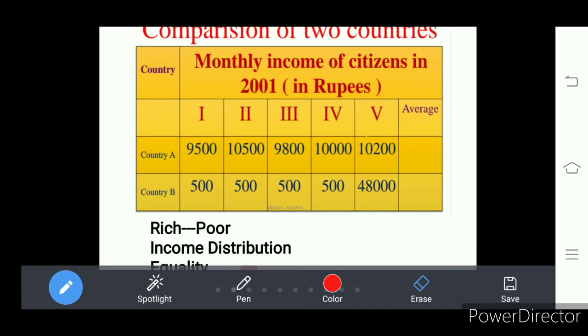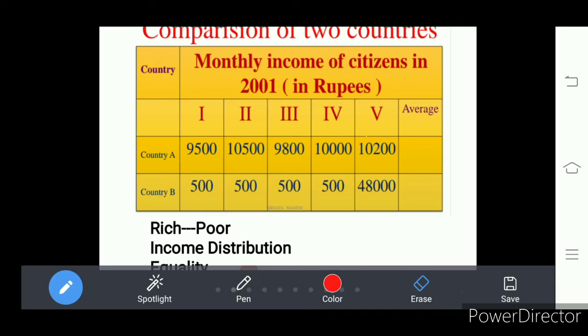And if I ask you that you must be in country B as a citizen, then you will opt to be the fifth citizen, that is, 48,000 rupees is the monthly income, right? You will not like to be the citizen in the first, second, third and fourth. So we find here much more inequality in country B instead.